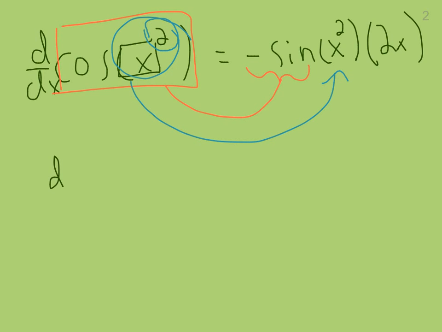So let's do another example. The derivative of 3x plus 1 cubed. First we locate our variable. There's our x. What is being done to the x? Well, that 3 is being multiplied by it, and there's also a plus 1, but when you take derivatives of constants, that plus 1 would just disappear, so don't worry about it.